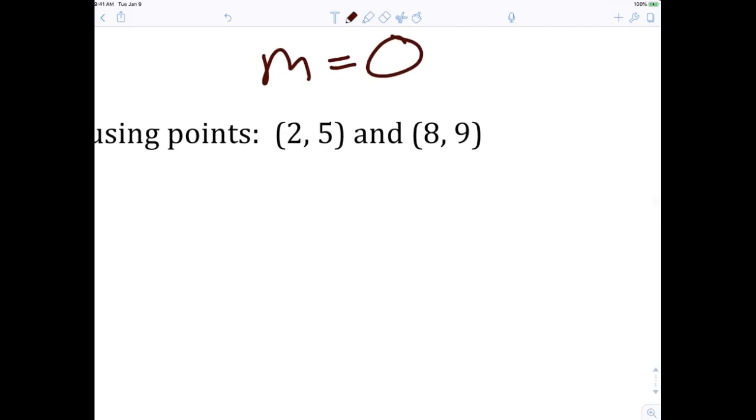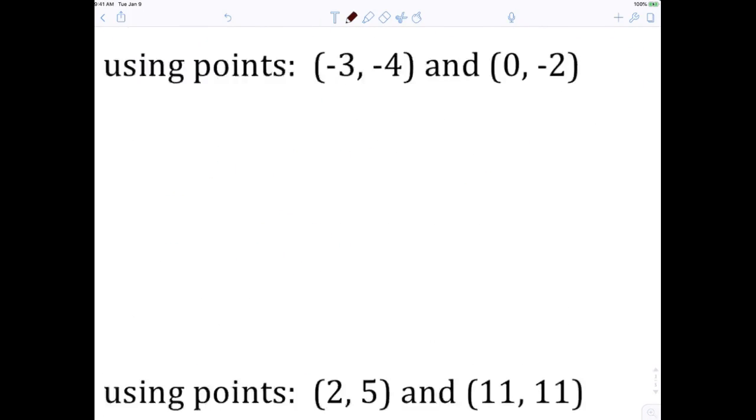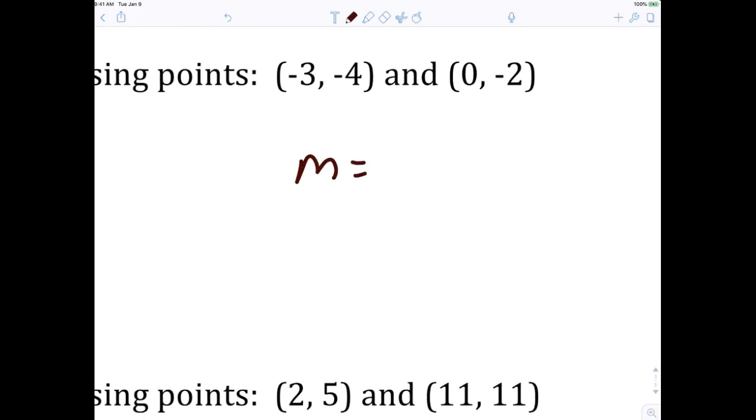Go. It's m equals 9 minus 5 over 8 minus 2 is 12. Good job, kiddo. 2/3. You're up. It's 0 minus 3. Are you kidding me? What are we doing first?